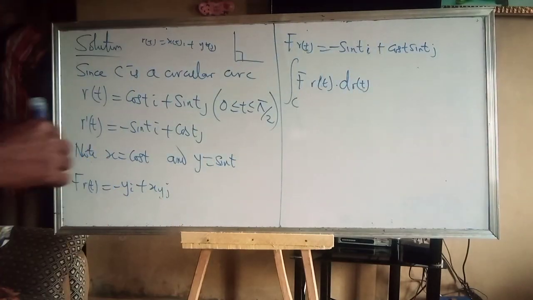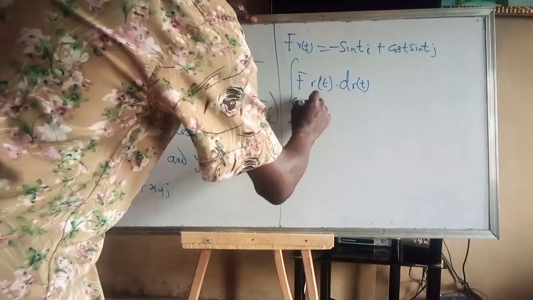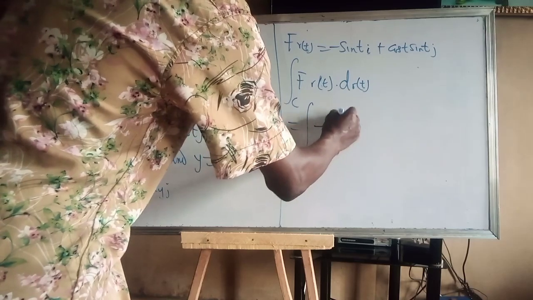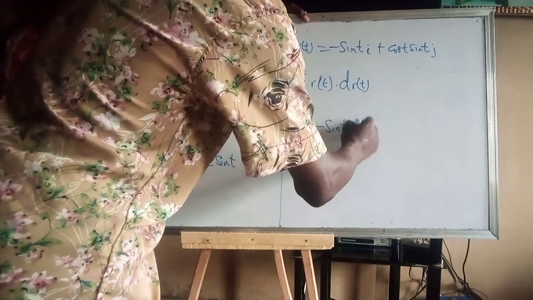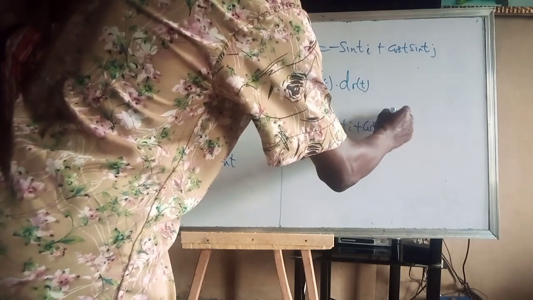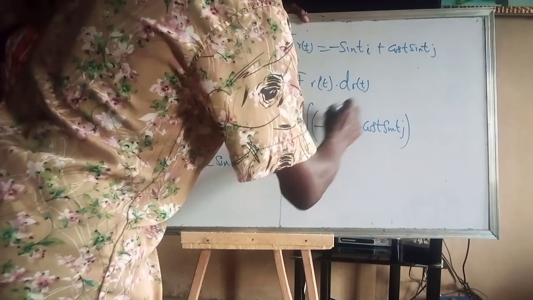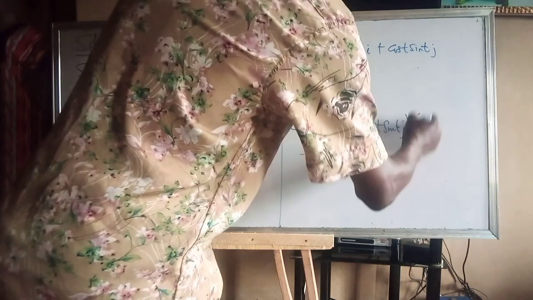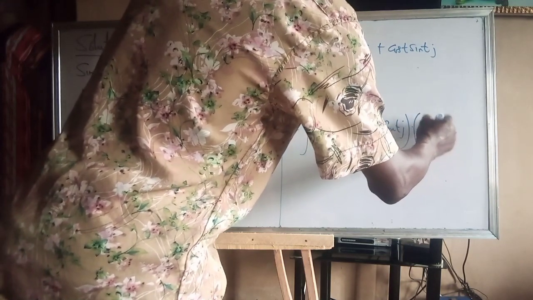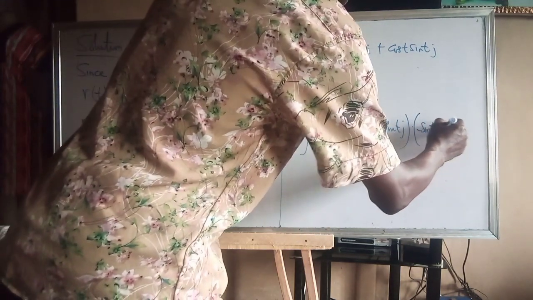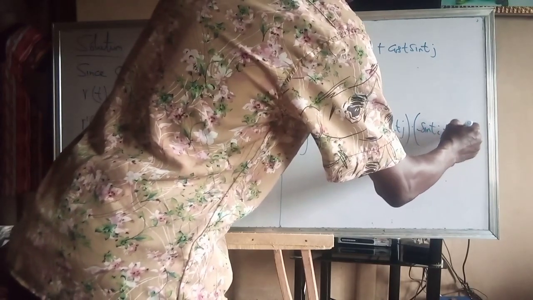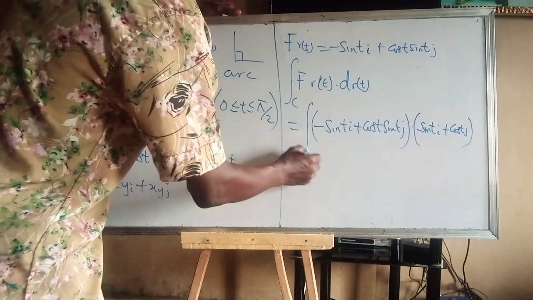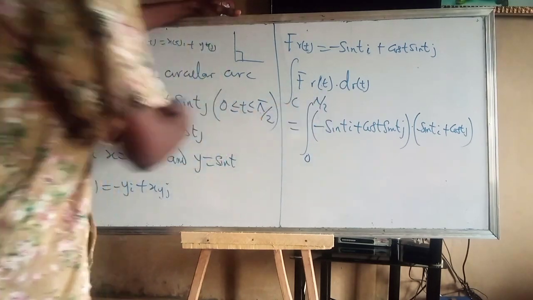So we slot that in: the integral of f of r of t, which is minus sin t i plus cos t sin t j, dot the derivative of r of t, which is minus sin t i plus cos t j. And the limits are 0 to pi over 2.